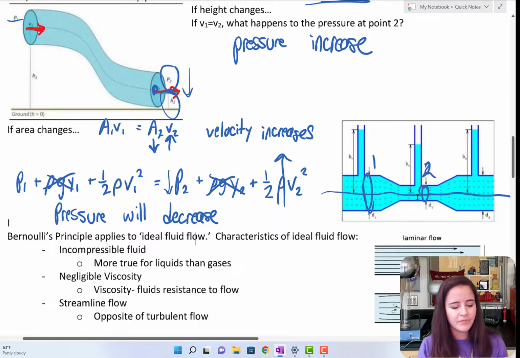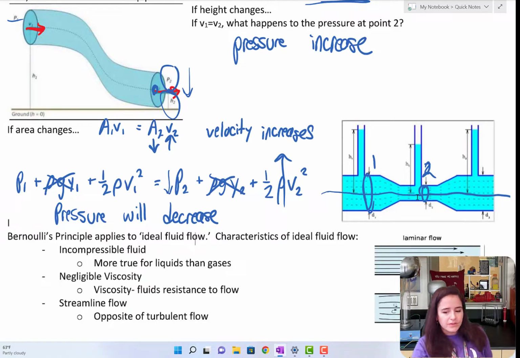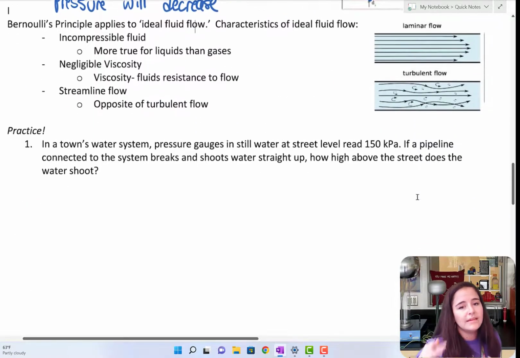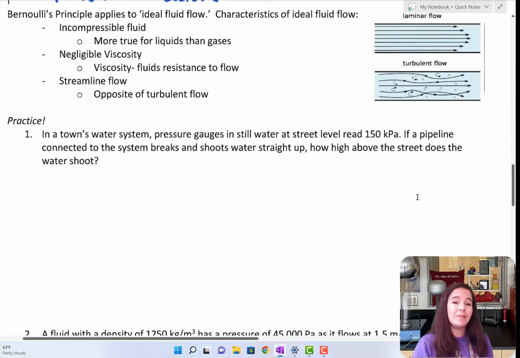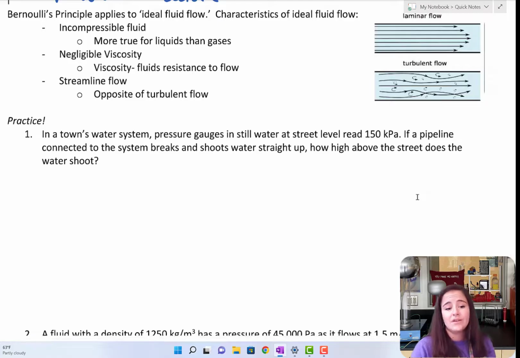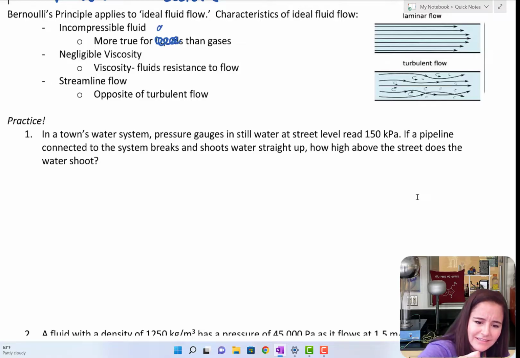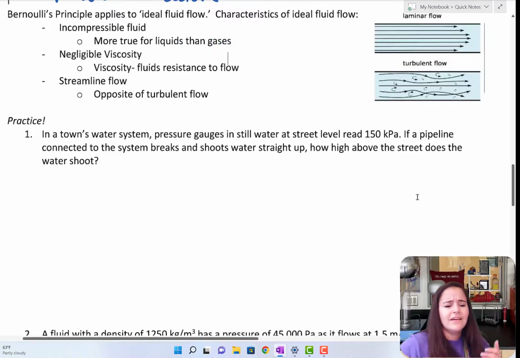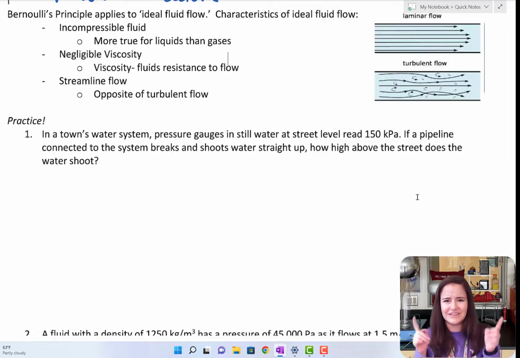Now, when we're using Bernoulli's, it is helpful to remember that it only applies to ideal fluid flow. So ideal fluids are incompressible, which is more true for liquids than gases. If we have a syringe with air in it and we squish it, we can squish it.